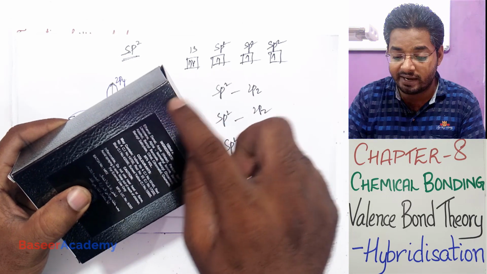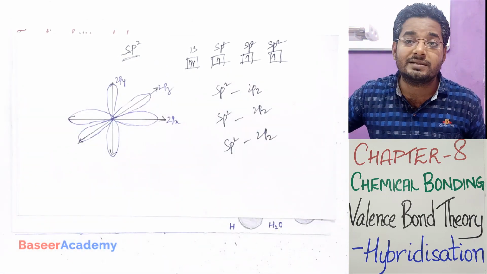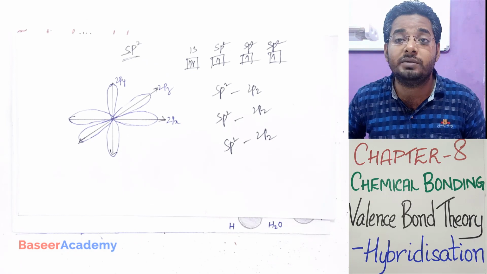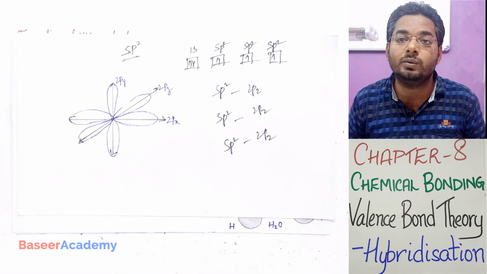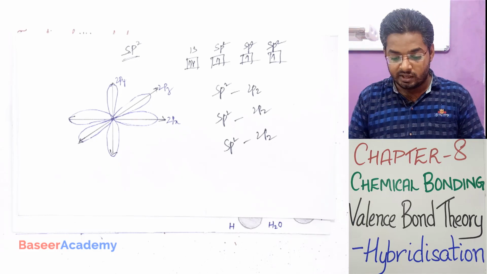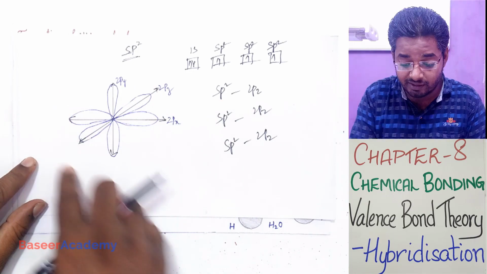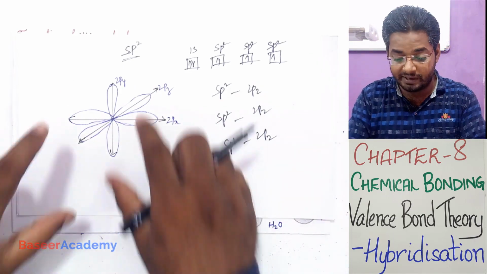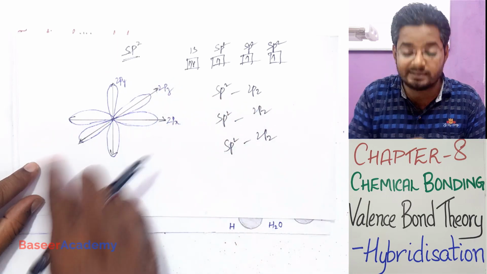So remember, the x-axis, y-axis, and z-axis are mutually perpendicular, meaning they make a 90-degree angle with each other. Now, I cannot draw a three-dimensional diagram on a piece of paper, but this is what it is.